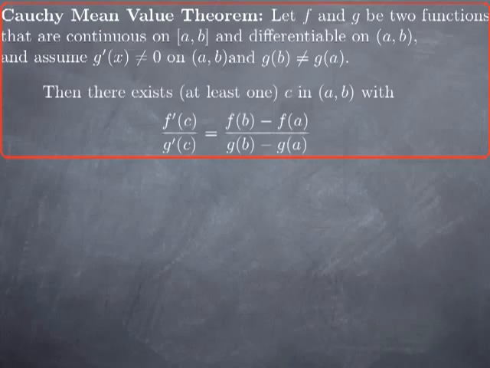Then the conclusion is that there is some point c between a and b where f prime of c divided by g prime of c is the quotient f of b minus f of a divided by g of b minus g of a.